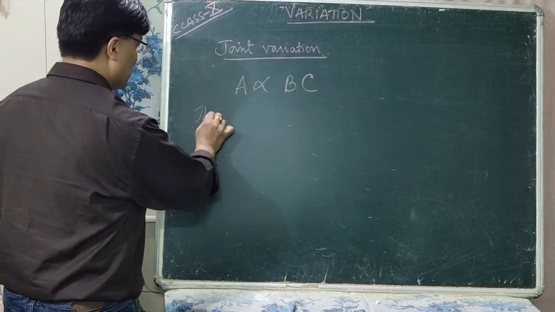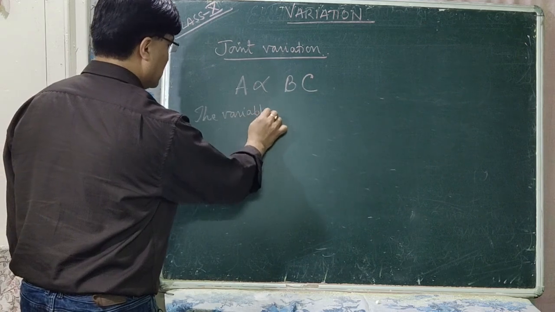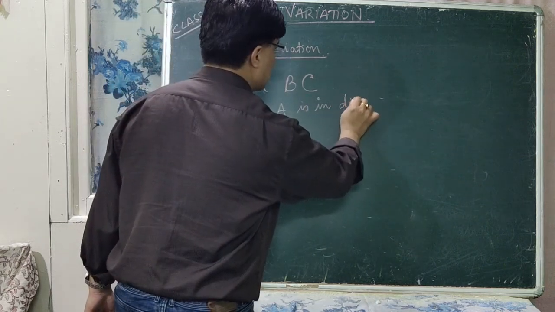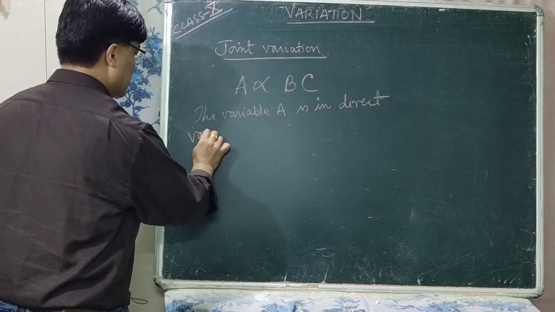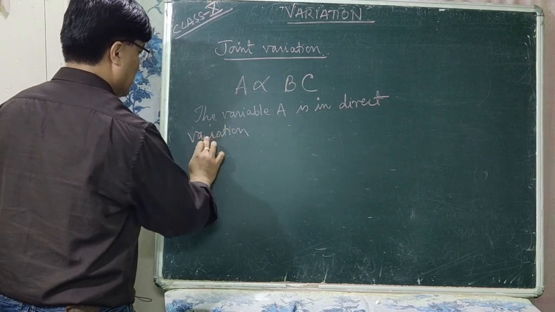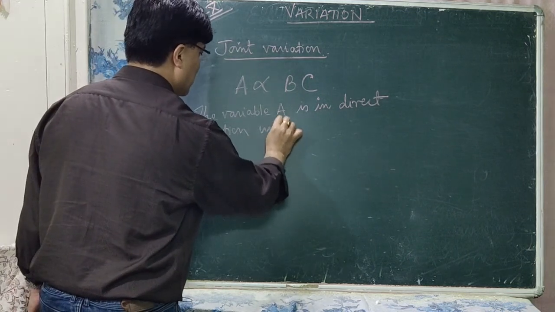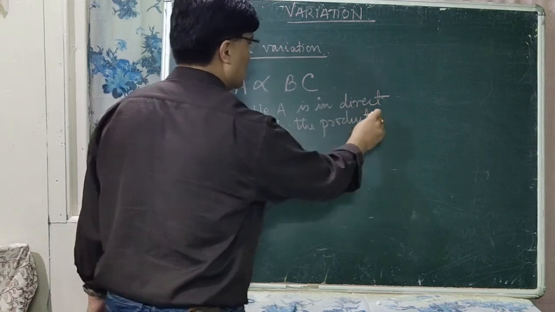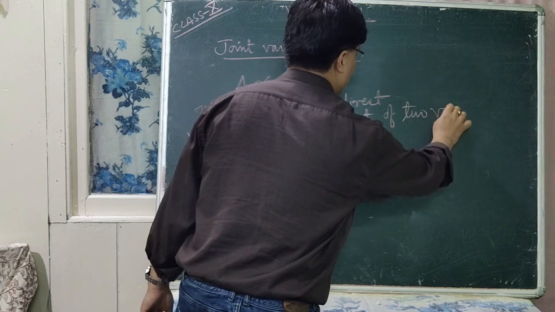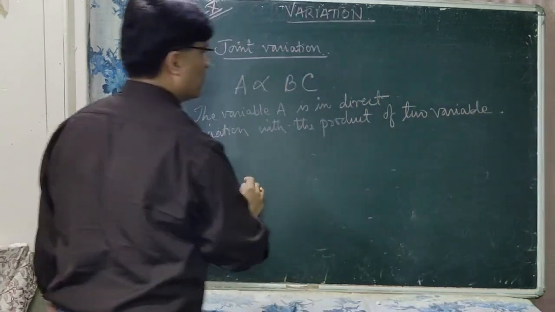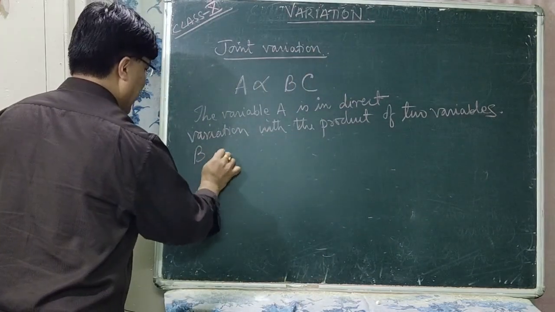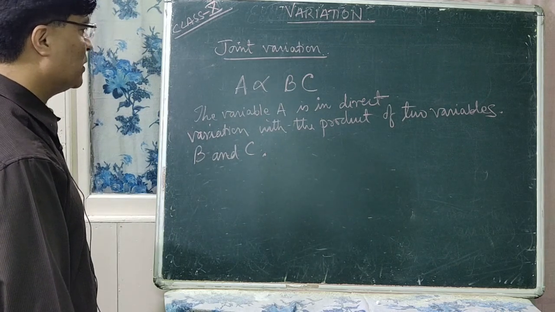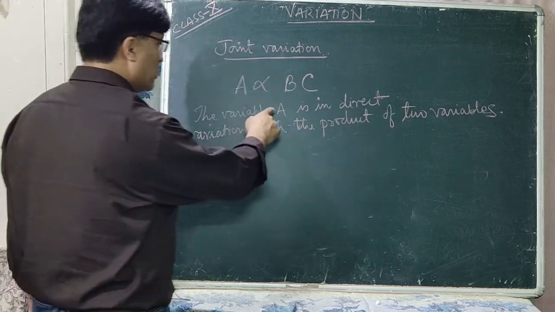Okay, the variable capital A is in direct variation with the product of two variables B and C. The variable capital A is in direct variation with the product of the two variables B and C. So what do you call your first variable A?